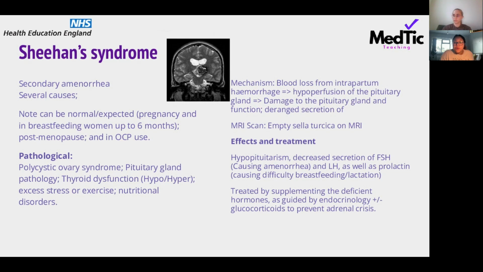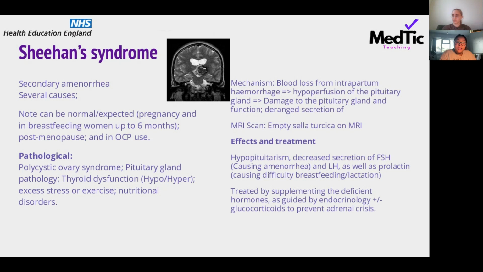But for some women, if they potentially had blood loss during pregnancy, that can lead to hypoperfusion of the pituitary gland. It can also result in severe necrosis or severe pituitary dysfunction afterwards.